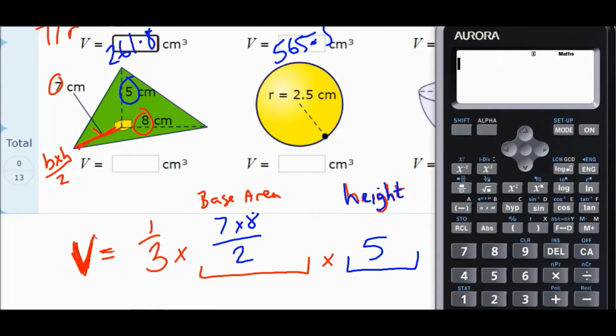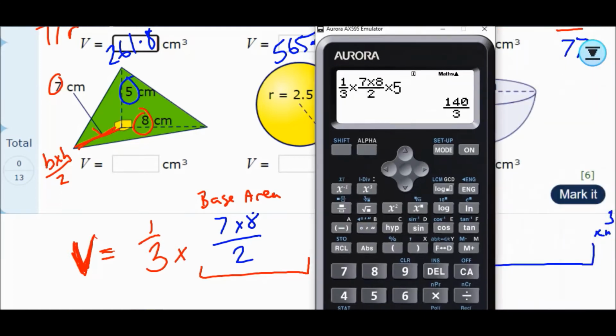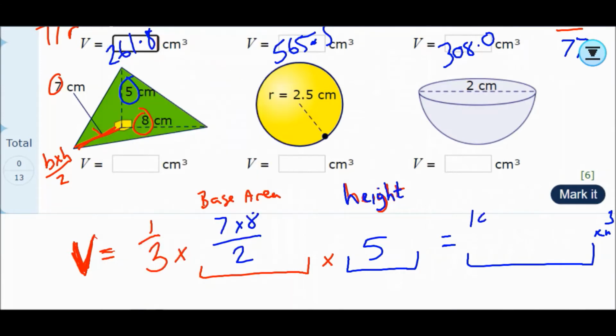Okay, so typing this in again, 1/3 multiplied by 7 times 8 divided by 2 multiplied by 5 is going to give me 140/3. So I could write that down, so I'm telling the examiner that that's the exact answer.